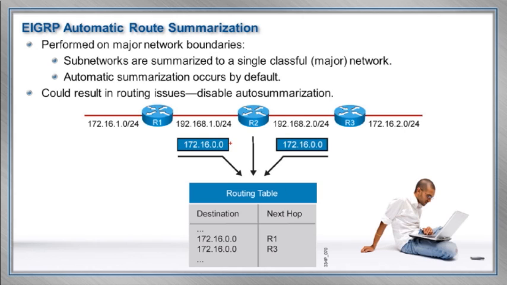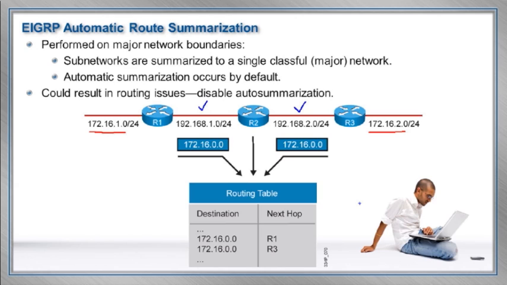Over here on the left, we have a 172.16 subnet, and over on the far right, we have a 172.16 subnet. Do you see that these are divided by class C 192.168 subnets? This is our discontiguous subnet problem.